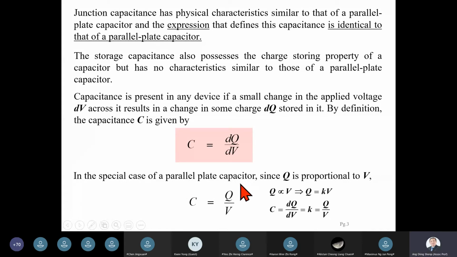In other words, for any general capacitor, the definition for capacitance is not Q over V. In fact, it should be dQ over dV. Only in the rare case where Q is proportional to V can we write capacitance as Q over V. Please keep that in mind.